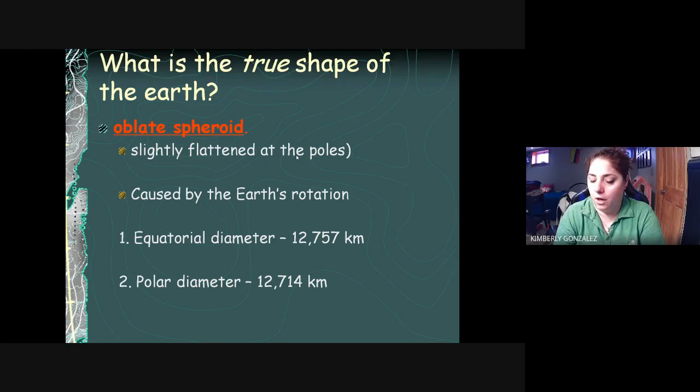So you're only off by 43 kilometers, which in the grand scheme of things is not a lot. Okay, so this is all caused by the fact that we rotate. So it's obvious that we're not staying in place, that we are round, and that we're thicker at the diameter than we are from top to bottom and back around.